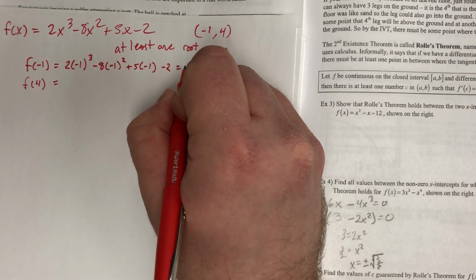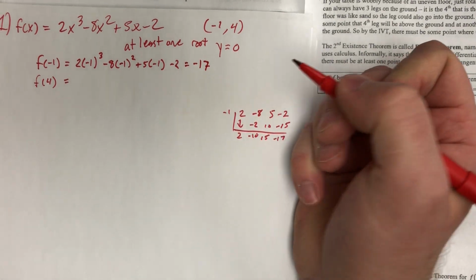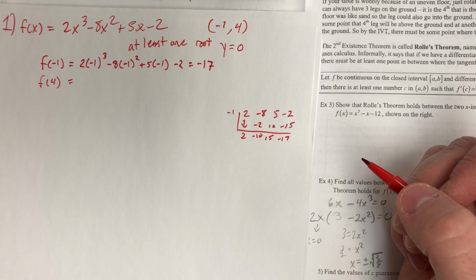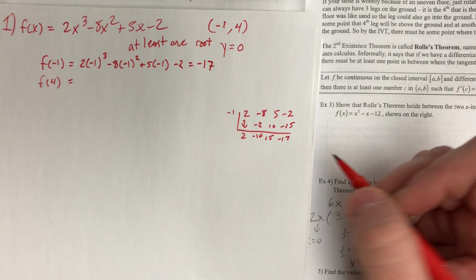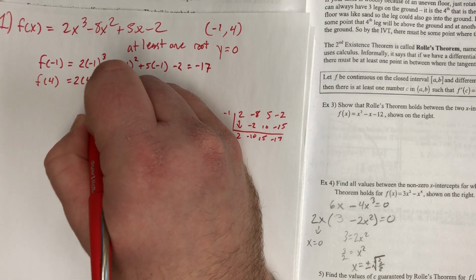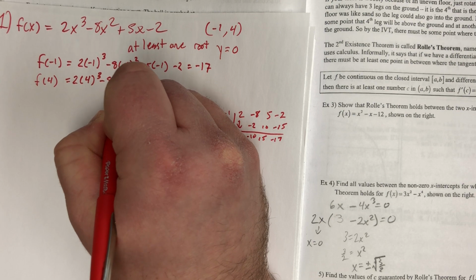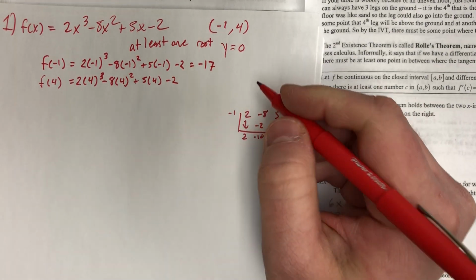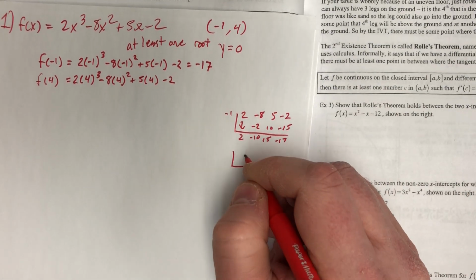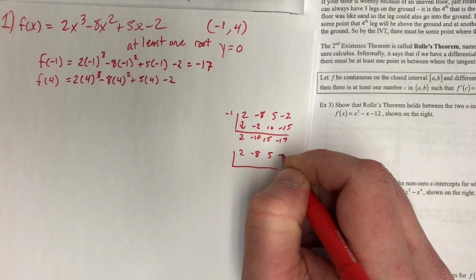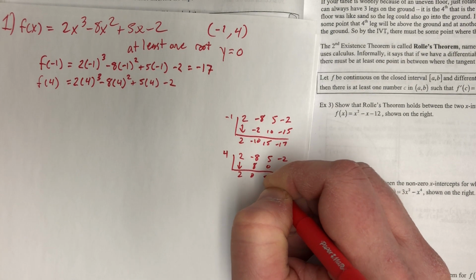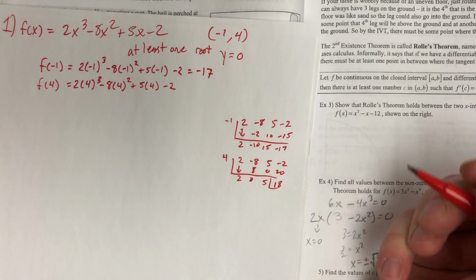All right, so I got negative 17 for f of negative 1. And then $18.